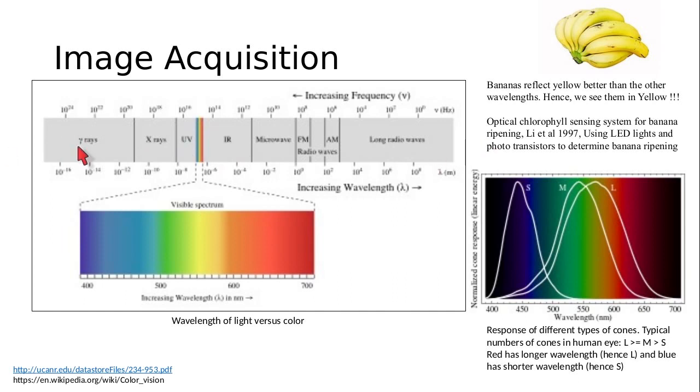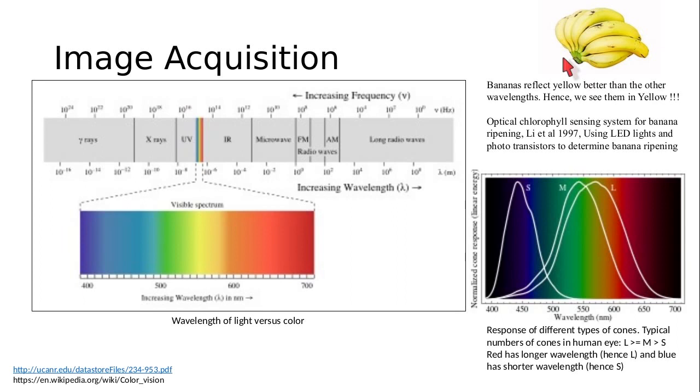And what you need to understand is, when you see light, you're seeing it because light of a specific color is reflected by an object. All the other light ends up getting absorbed by the object. For instance, bananas reflect yellow light better than all the other wavelengths. So bananas absorb all other wavelengths and reflect only yellow light.